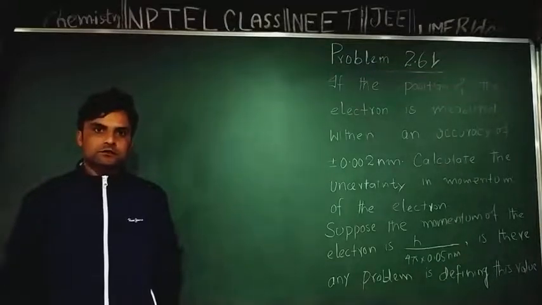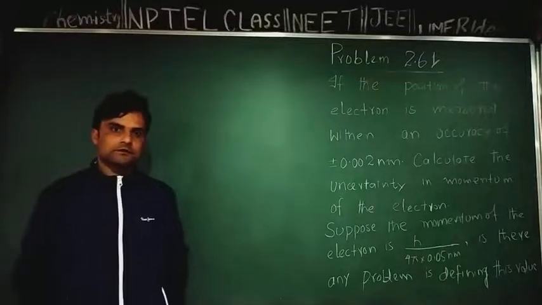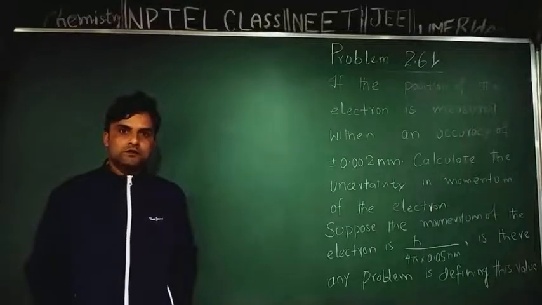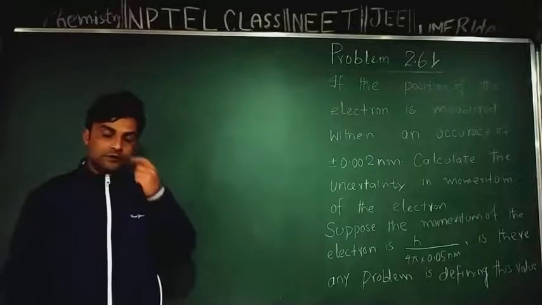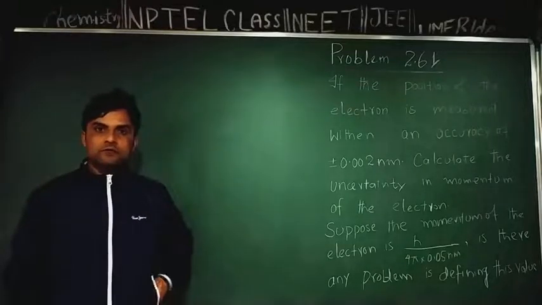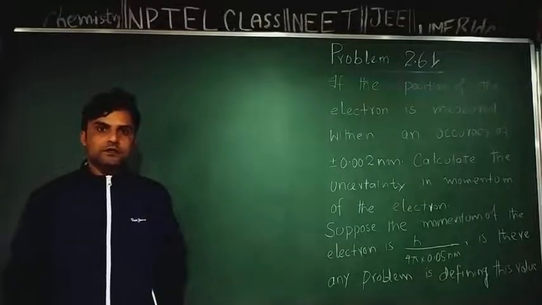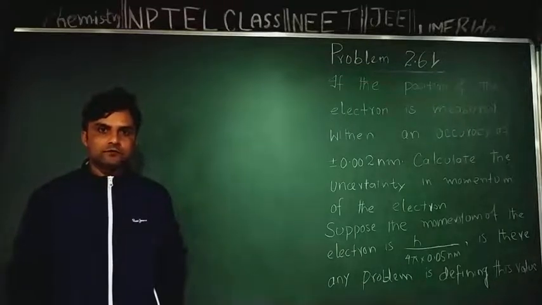There will be uncertainty in position and there will be uncertainty in momentum, and the product of uncertainty in position and uncertainty in momentum will always be constant, and the value of this constant will be either equal to h by 4 pi or greater than h by 4 pi. And for practical purposes, the value of the constant is taken equal to the minimum value, which is defined, h by 4 pi. Maximum value is not defined, it can take any maximum value.